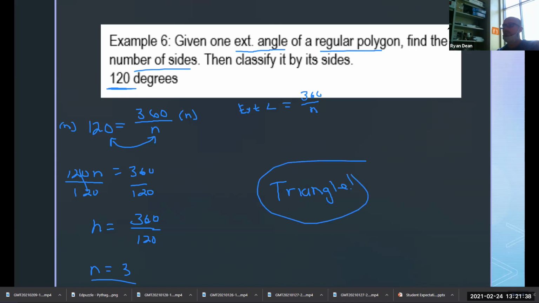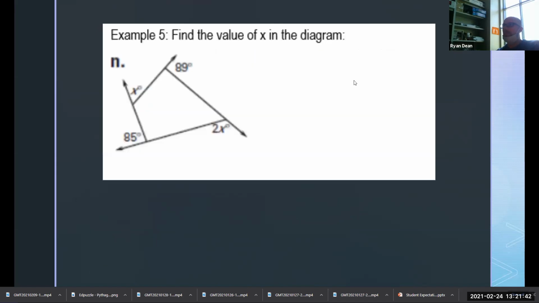So that's it for this video. One of the keys here, again, comes back to this one. So if you're given a question like this, where it says find x, and all of the angles are on the inside, what you're going to do is calculate the big S, the sum of the interior angles, by knowing how many sides there are.